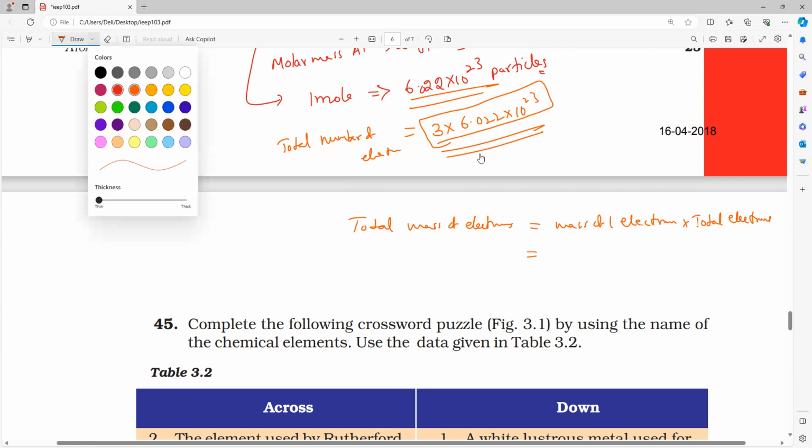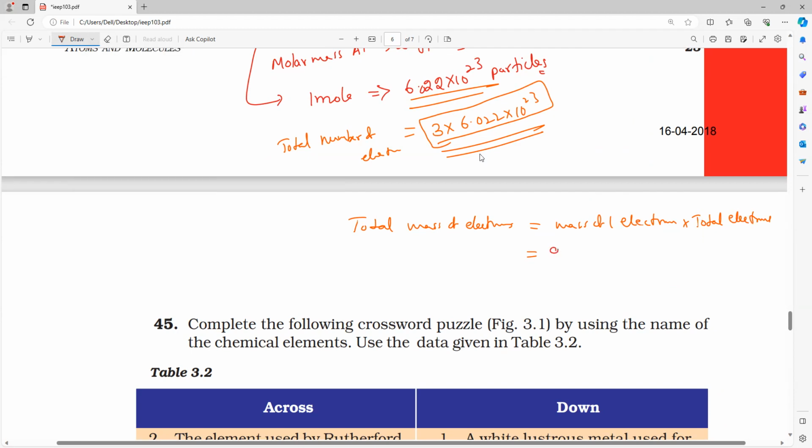So mass of one electron is 9.1 into 10 power minus 28, into total electrons. How many total electrons? 3 into 6.022 into 10 power 23.